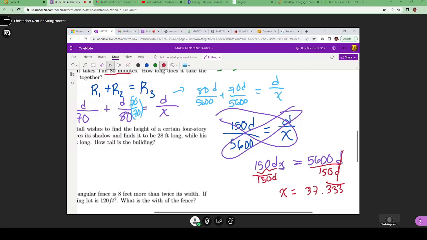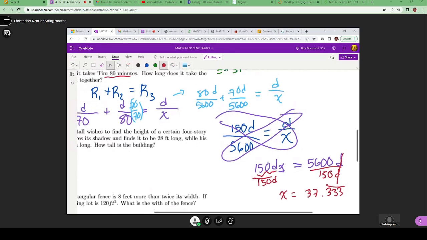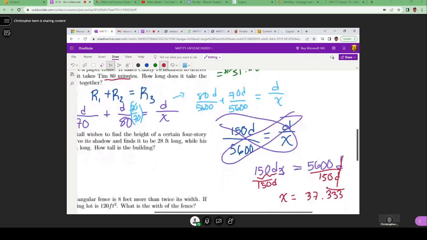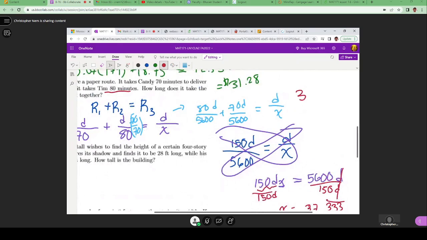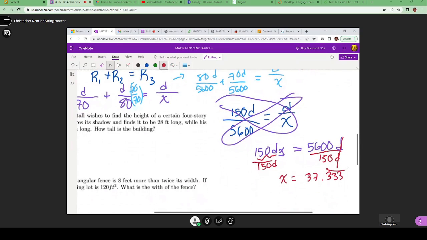So what does that mean? That means for that same distance, it's going to take them 37 minutes. Now, do we ever talk about minutes in decimals? No. So we got to multiply 0.333 with the bar over it, or 1/3, times 60.